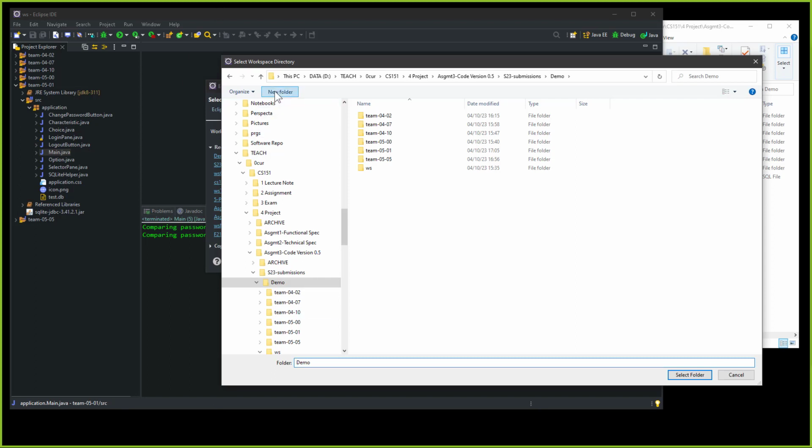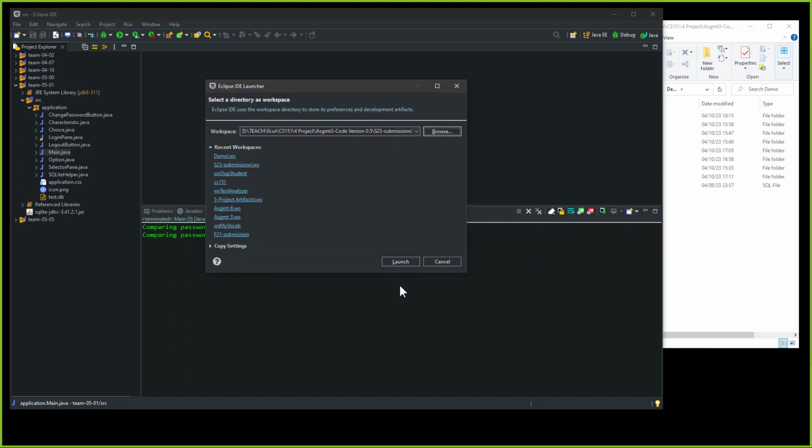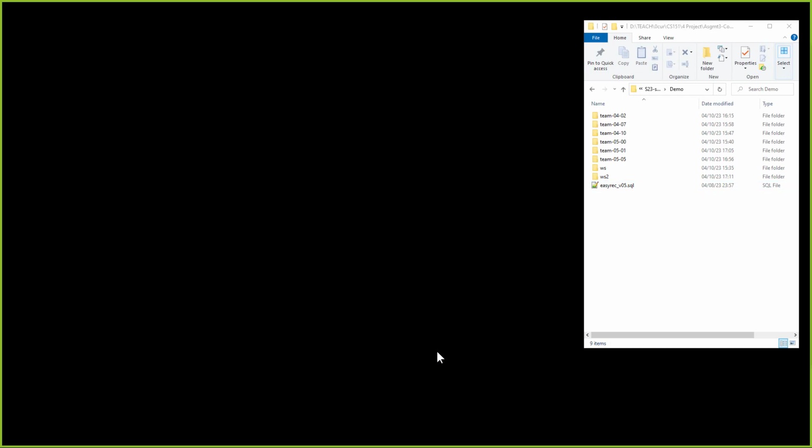Let me create a new folder here, WS workspace, let's say 2, okay? And then pick that. So this is another workspace from scratch, and then launch. Eclipse will create a new workspace. It is creating this one.